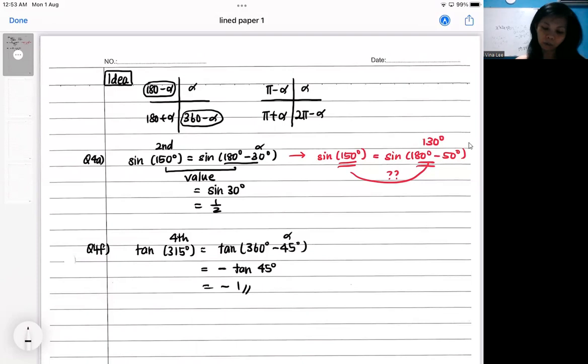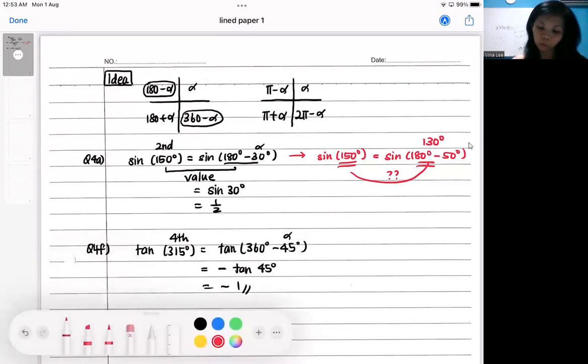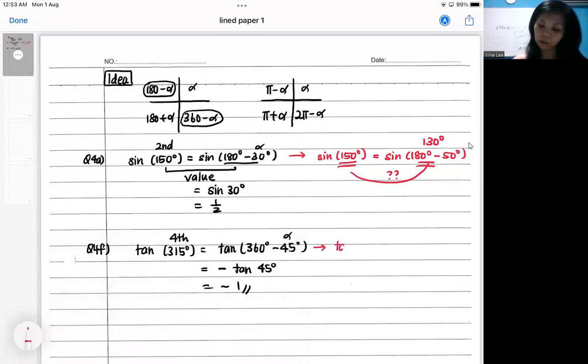Okay, so instead, what did you do wrong? You wrote it as tangent 315 equal to tangent 360 minus 315. So it doesn't fit this. Value-wise, it doesn't match, because here you're getting a 45.